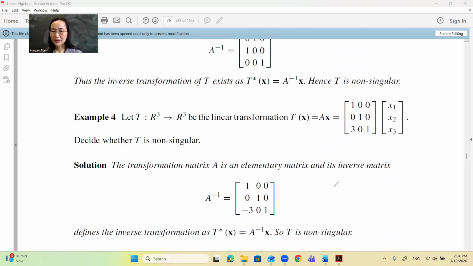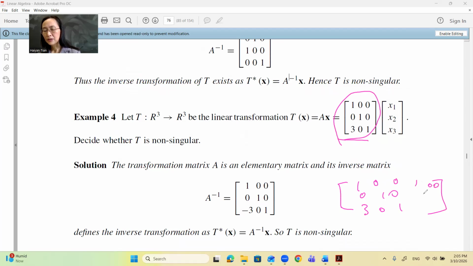You can easily find the inverse if we use the program I introduced in the previous lecture. Just put the A matrix, suppose I want to find the inverse of this matrix, I put A and identity matrix side by side.